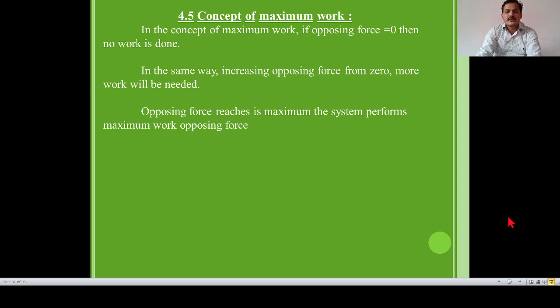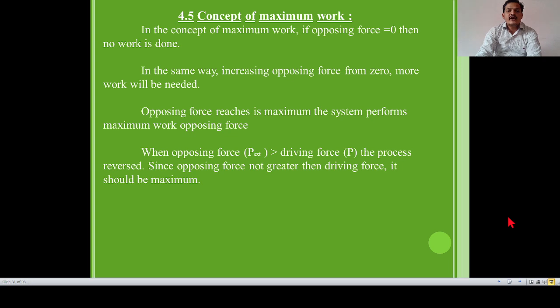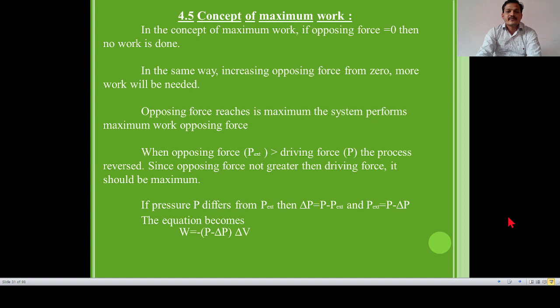When the opposing force, that is P external, is greater than the driving force P, the process is reversed. Since the opposing force is not greater than the driving force, it should be a maximum. If pressure P differs from P external, then delta P is equal to P minus Pex, that is the pressure difference.